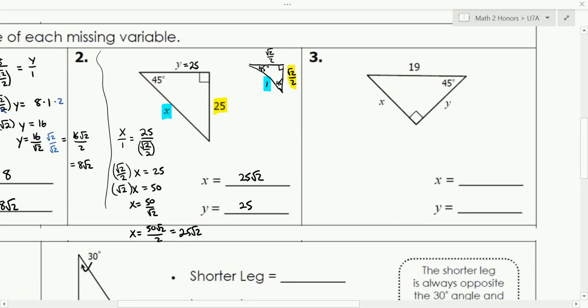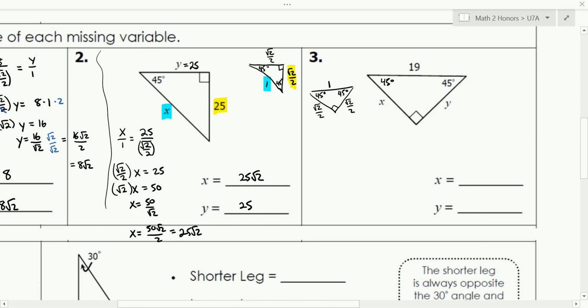So number 3, again, we have this 45, 45, 90 right triangle. And I'm going to draw mine, orient it the same way, put the side lengths: the 1 is the hypotenuse, root 2 over 2 is the legs.